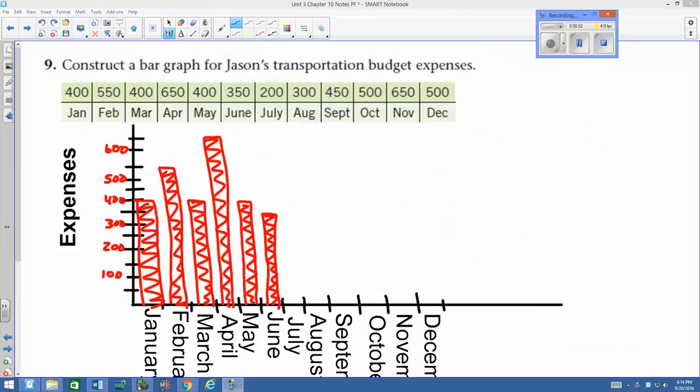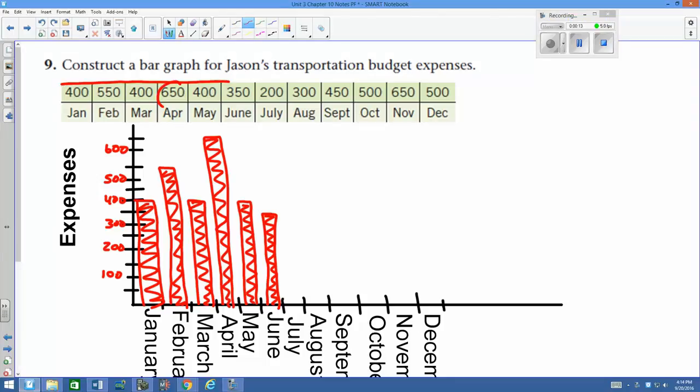To do the bar chart, all you do is look at what the highest value is going to be. So if I look across here, 650, 650. So 650 is the highest value that I see. So I'm going to make a chart that goes up at least to 650.